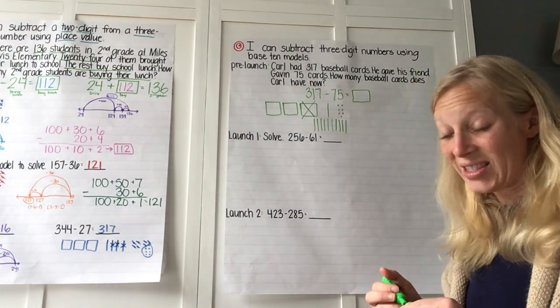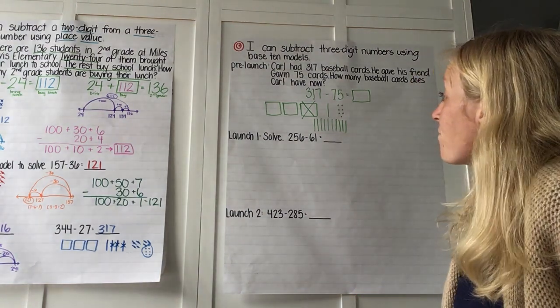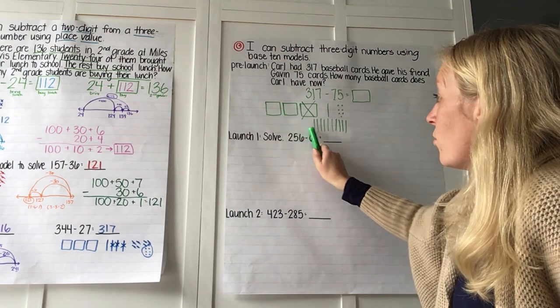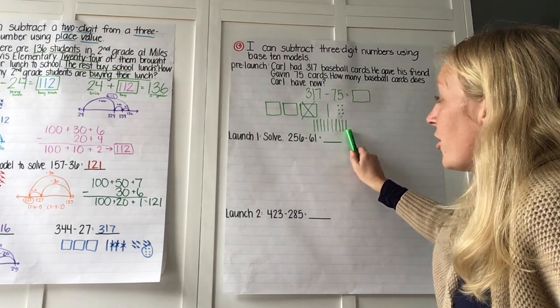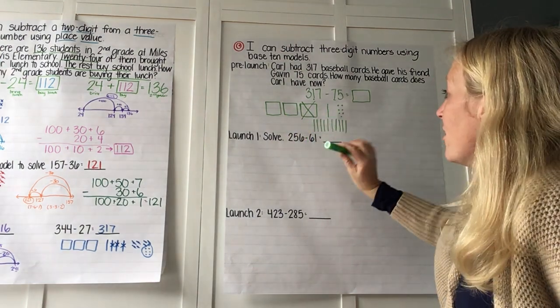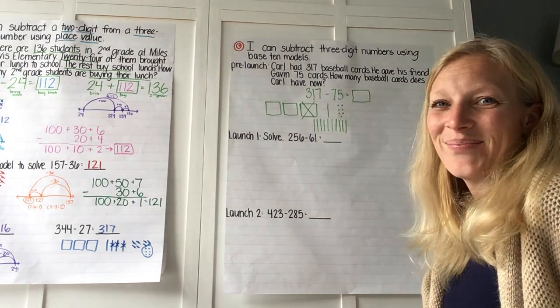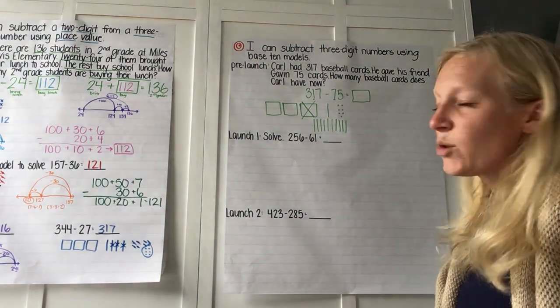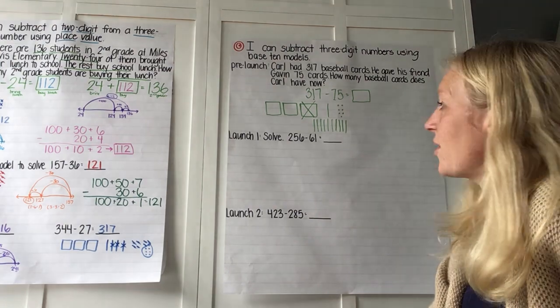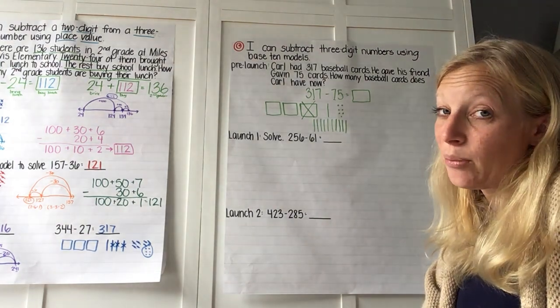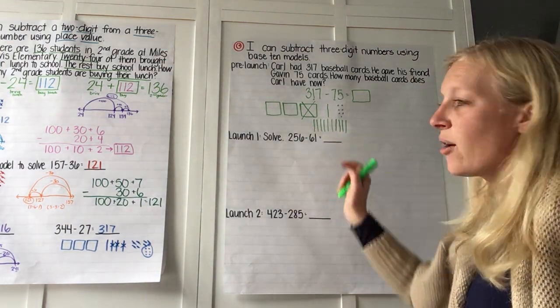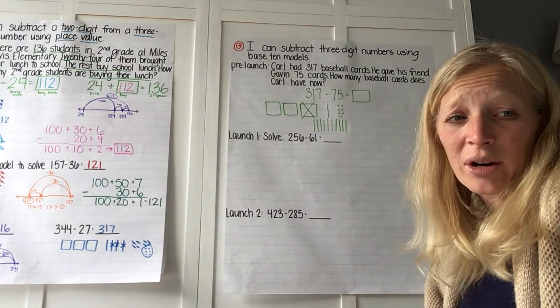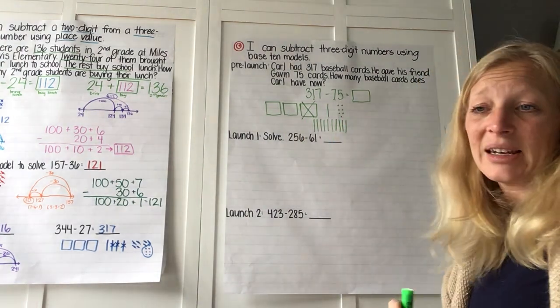Tell me, friends, do I still have 317? 100, 200, 300, 310, and then 7. I do have 317. We want to make sure that we're still starting with that same number, even if we're regrouping. And sometimes that means we go back and we recount our tens that have been broken up, or our 100 that has been broken up into tens.